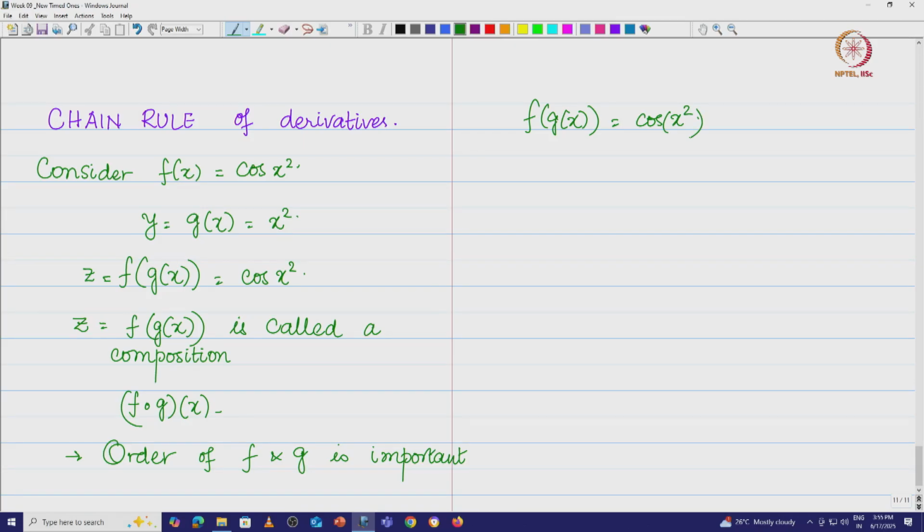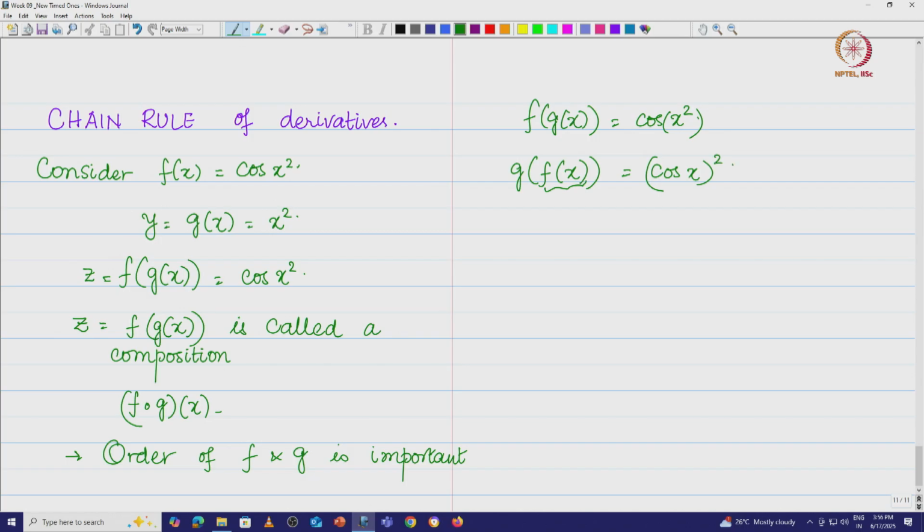Now, I am going to look at g of f of x. g of f of x is nothing but, what is f of x? f of x is cos x. So, g of f of x is nothing but cos x the whole square.